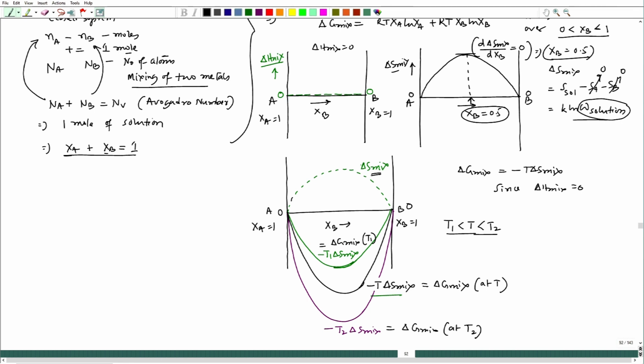But in case of an ideal solution, del G mix is nothing but minus T del S mix, and in fact this delta G mix can be written as x_A delta G bar M_A plus x_B delta G bar M_B.